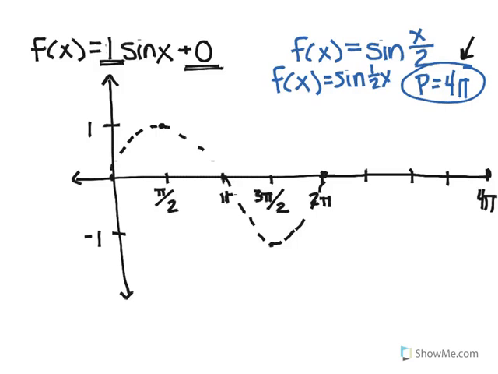Now, period does not affect amplitude. It's not going to affect my maximum or my minimum. What it will do, however, is it's going to be a multiplier of these 3 points, the ones that are going to stretch this way. Okay, so think of stretch as horizontal axis.